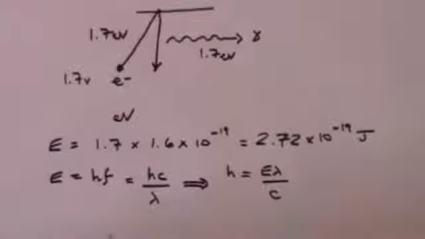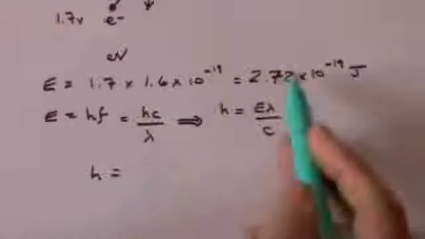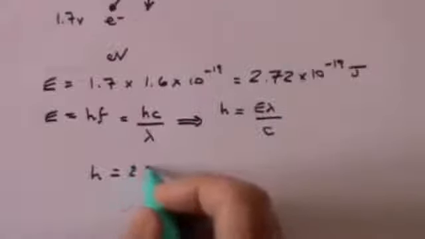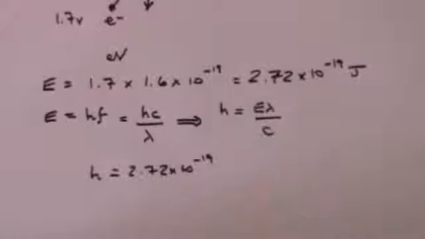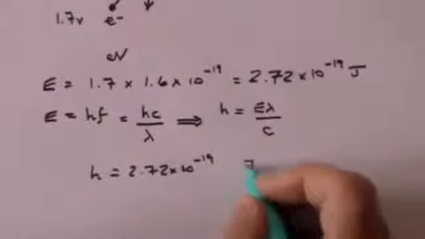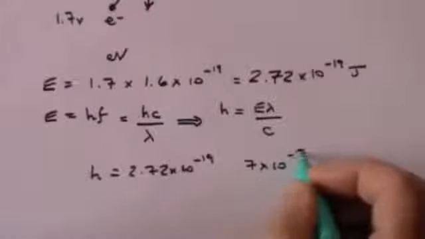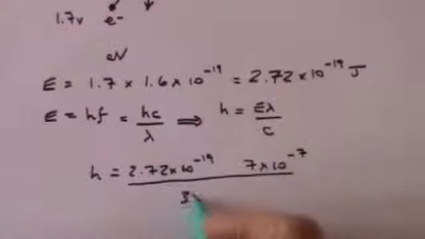Well, we know that means that Planck's constant is equal to E. E we've just calculated, 2.72 times 10 to the minus 19. Lambda we were given, it was 7 times 10 to the minus 7 meters. And of course the speed of light we were given, 3 times 10 to the 8.